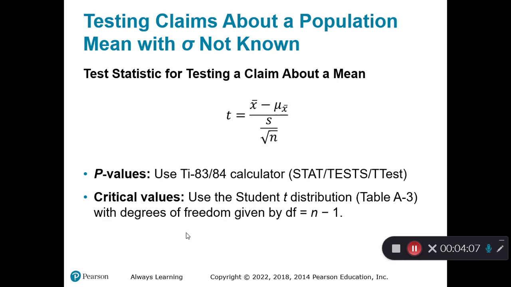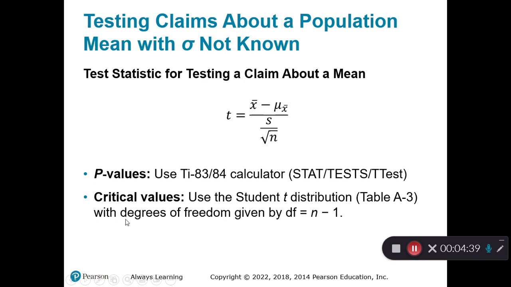I will say that p-values when it comes to t-distributions should be calculated using your calculator only, because the t-distribution table will not give you precise t-values, only ranges, so it makes it a little bit less straightforward and a little bit more confusing. On your TI-83 and 84 calculators, you can go to Stat, Tests, and then the t-test. Unfortunately, the TI-36X Pro does not have this command.